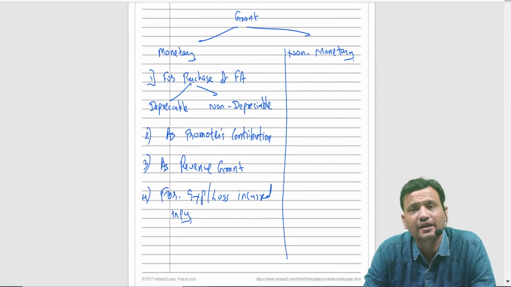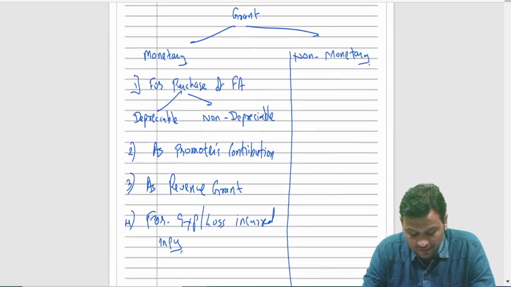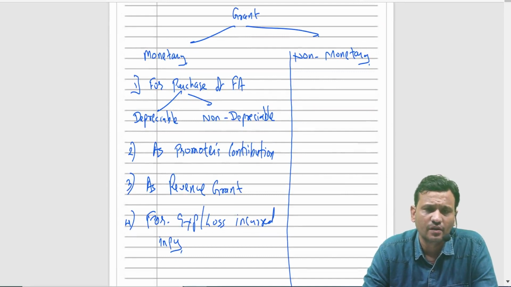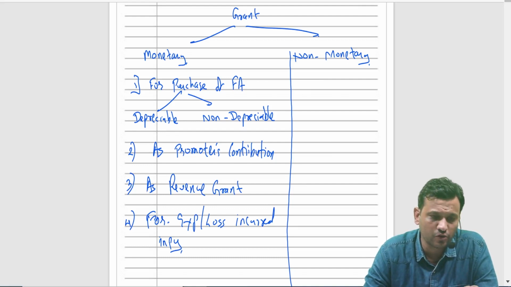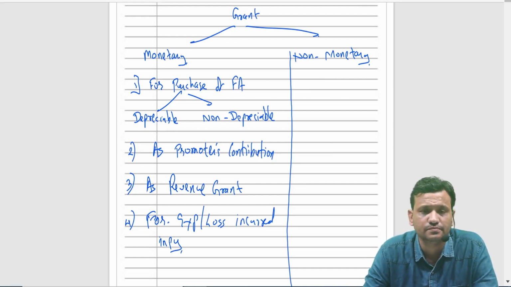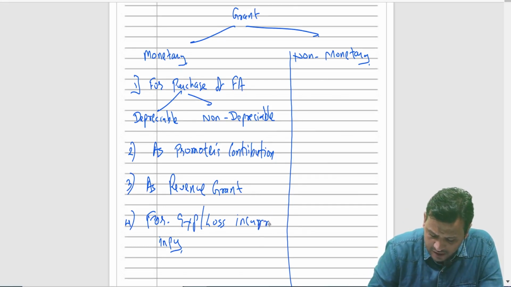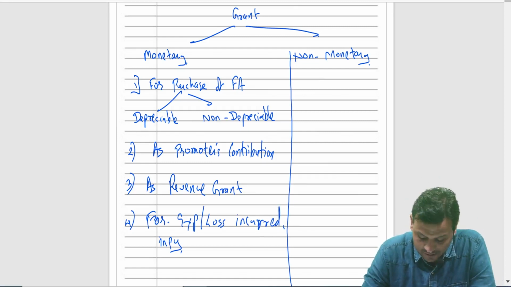I can get a grant for purchasing a fixed asset, which is depreciable, or I can get a grant for purchasing a non-depreciable fixed asset. As a promoter's contribution, government is promoting my project. So for the whole amount, or I can say whole project, they are giving me an amount. Revenue grant means the company is being helped for day-to-day expenses.